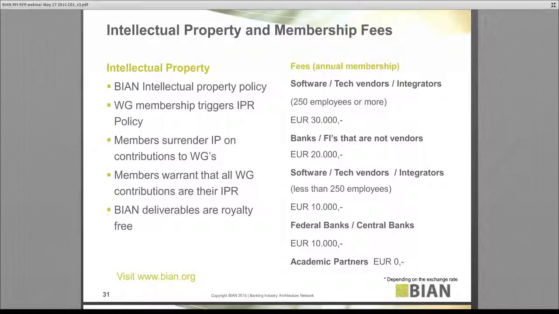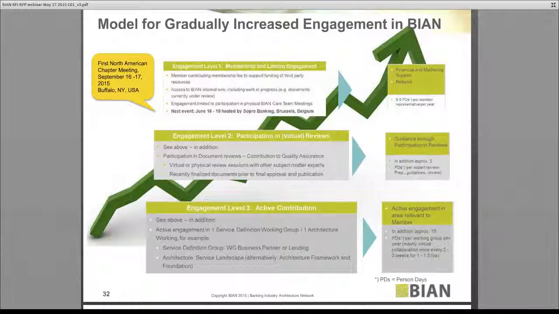I already explained we are not for profit, so the membership fee is needed to cover our running costs, like this webinar as an example, and we have had these membership fees in place since we started in 2008. We never changed the figures, and we never intend to change the figures, just to cover our costs. So it's not a huge amount of money. I know there's always someone who has to pay for it, but this is the bottom line of what we charge.